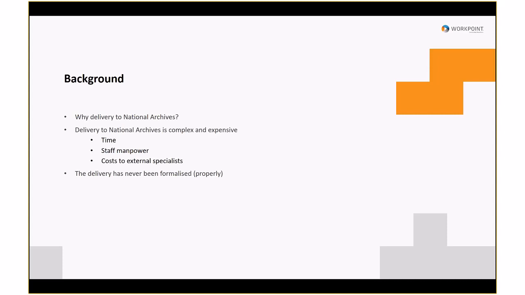The process of all this is, first of all, the organization needs to find out what is actually required from the National Archives, and often that's some kind of negotiation between the archives and the organization in question. The data needs to be extracted from the system in question, or systems. They need to have proper descriptions of what the data is and its meaning.